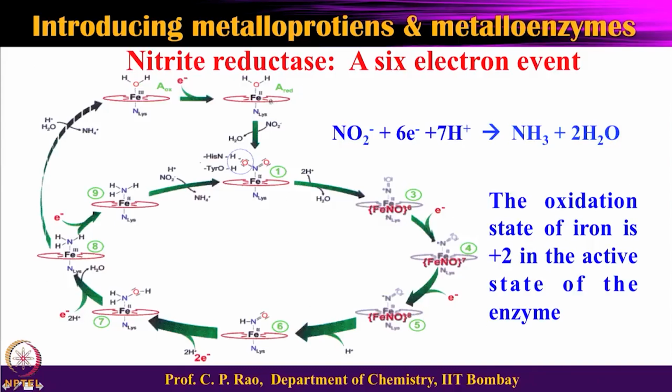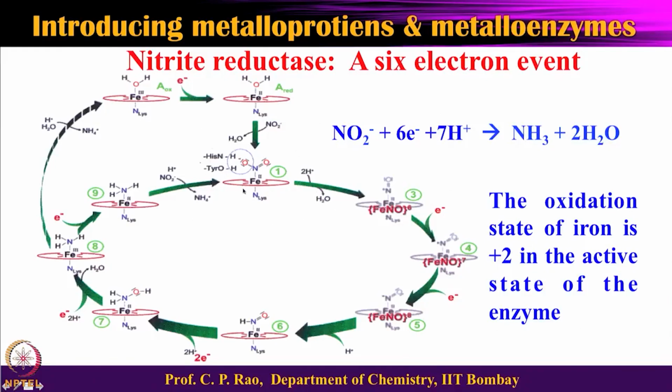At this stage you have NO2 binding. NO2 binds here, and this binding is facilitated by the neighboring groups, the histidine and the tyrosine, as you can see over here.